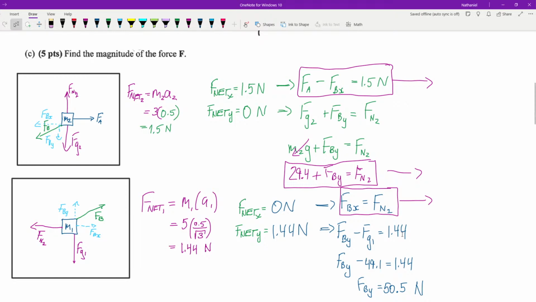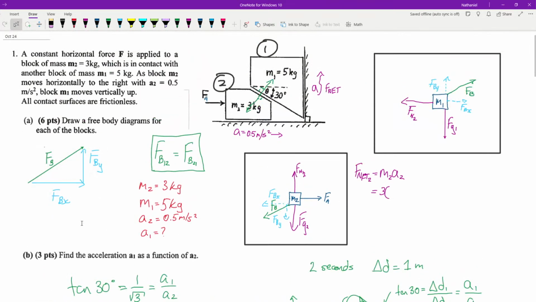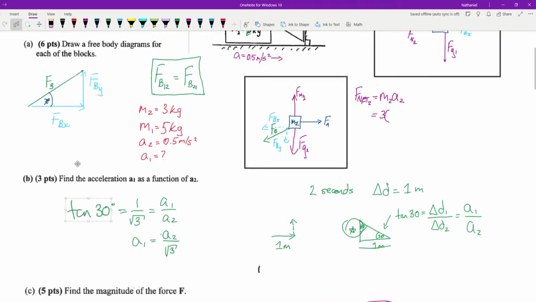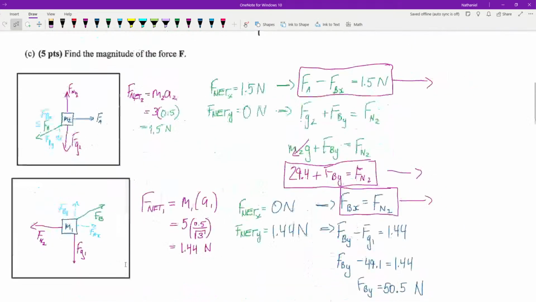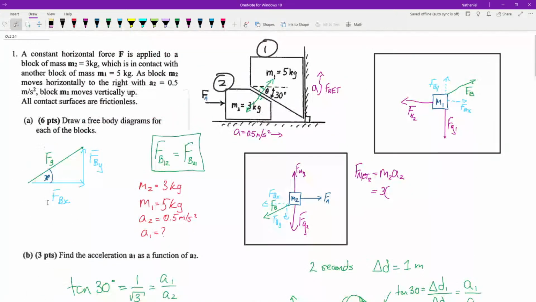Well, if we need to get to FBX, remember we also have the relationship of the angle they were born in, right? So we can use tan theta and FBX, FBY and rearrange. So we now have FBY, right? So let's use the tan of 30 and let's just make sure we get it right.